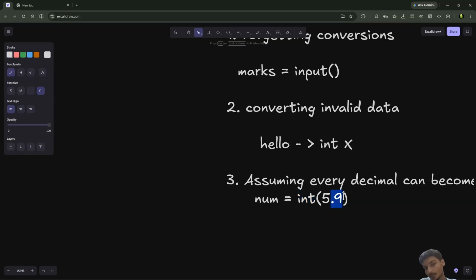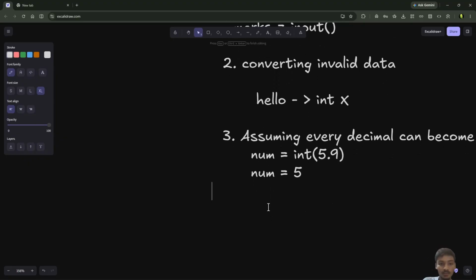So here your information will be lost. Your 0.9 information is lost, and the value of num should be only 5. You should remember while converting whether your information is getting lost or not. Unlike normal mathematics, it doesn't round it to 6 or something. It just removes the decimal part only.